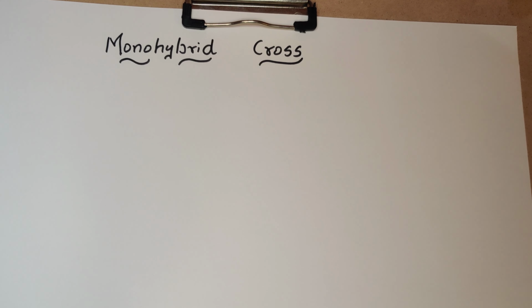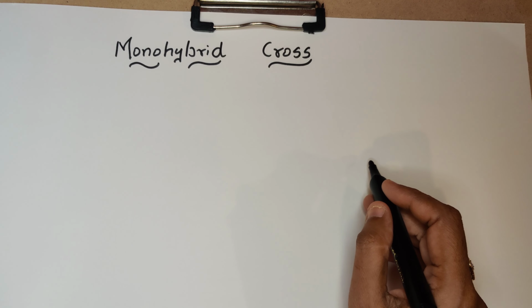So let us see the first cross that was performed by Mendel, called the monohybrid cross. Now students, you should understand the meaning of monohybrid cross. Mono means single. Hybrid means we are going to cross two different plants which are considered as parents.